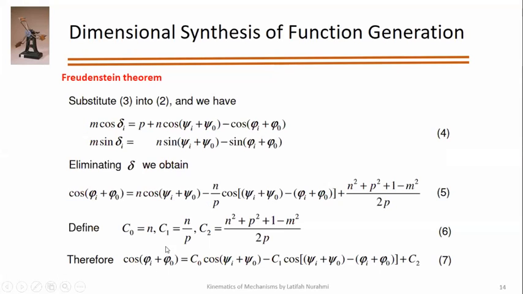Therefore, this equation we can write like this: C naught cos psi I plus phi naught minus C1 cos psi I plus psi naught minus phi I plus phi naught plus C2. Okay, so this is how you will get the equation, and you will get the synthesis of function generation.